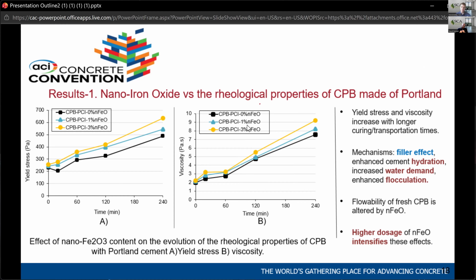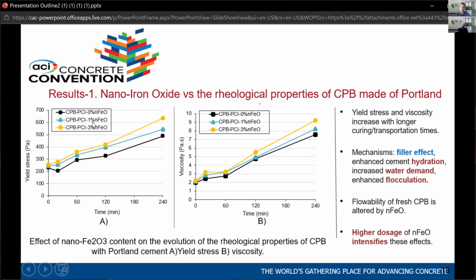It increases the hydration higher. The shear strength, the yield stress, and the viscosity would be slightly higher, but the results are kind of the same. I used the iron for my presentation today.